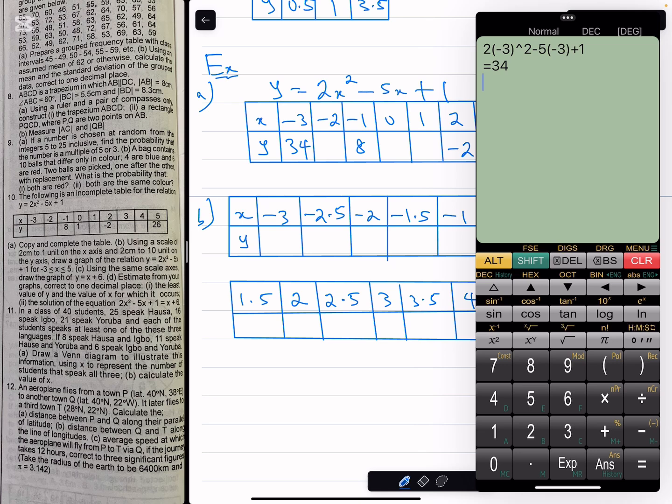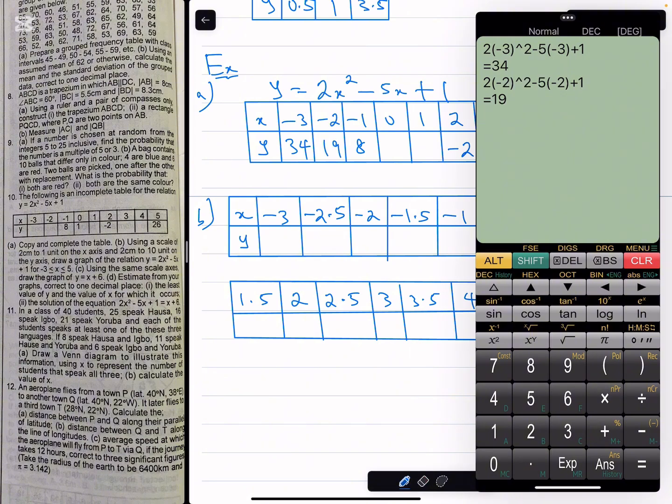When x is minus 2, y will be 2 into bracket minus 2 square minus 5 into bracket minus 2 plus 1, and that's 19.